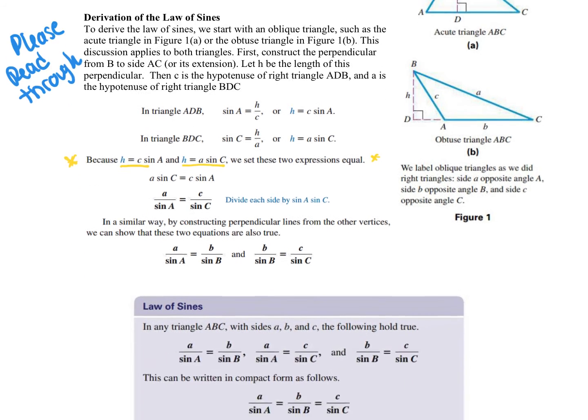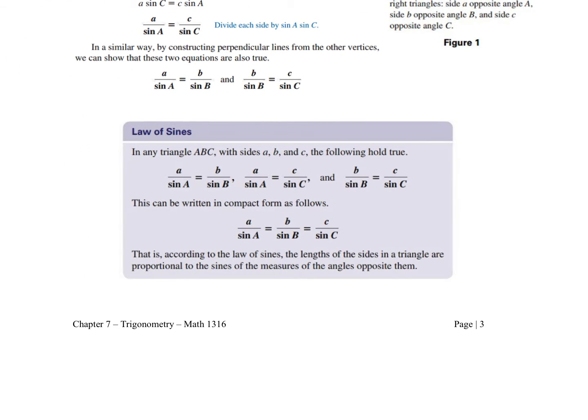So now that you read through this, we have what's called the law of sines. The law of sines is a set of ratios that says any side over sine of that angle, or the corresponding angle, is equal to the ratio of any other side over the sine of that side's corresponding angle.